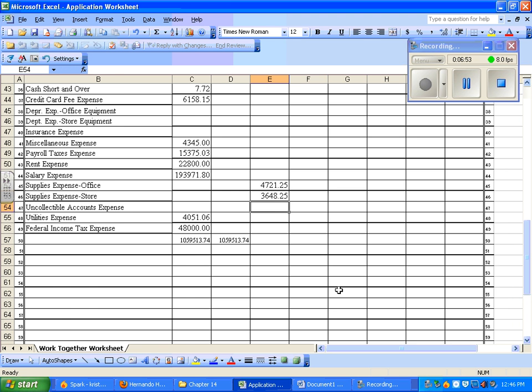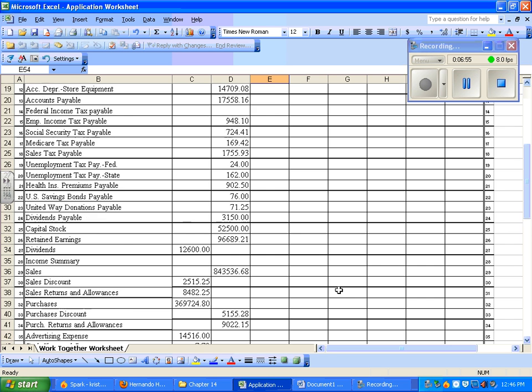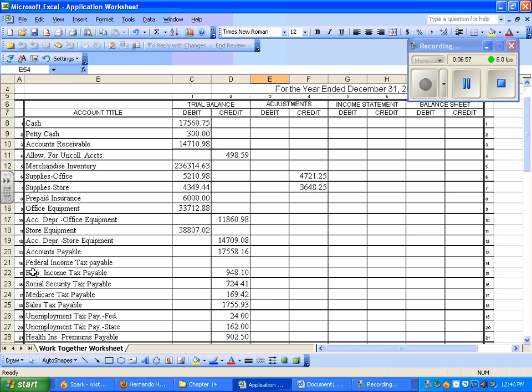Now, last one is insurance. Our books say we have prepaid insurance in the amount of $6,000. We take a look at it at the end of the year and our insurance is actually worth $500. So we need to adjust the $6,000 so it becomes $500.